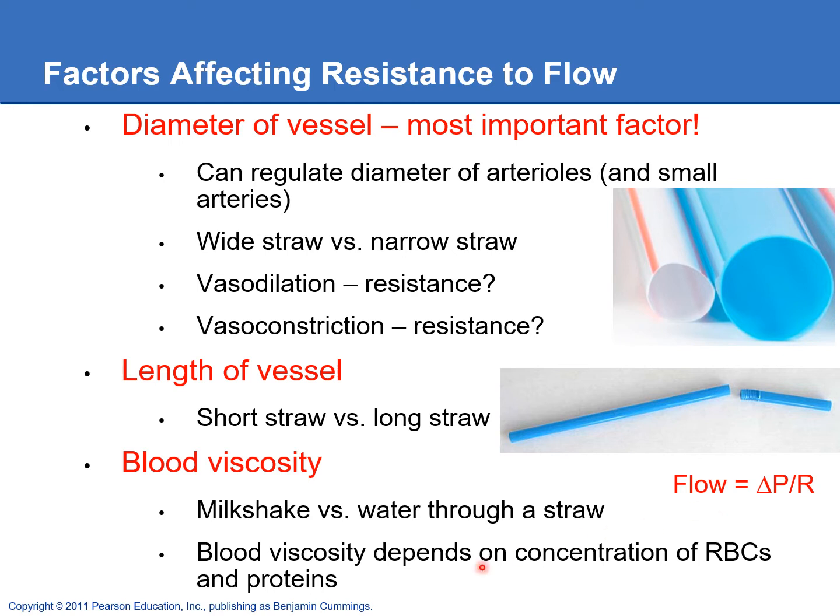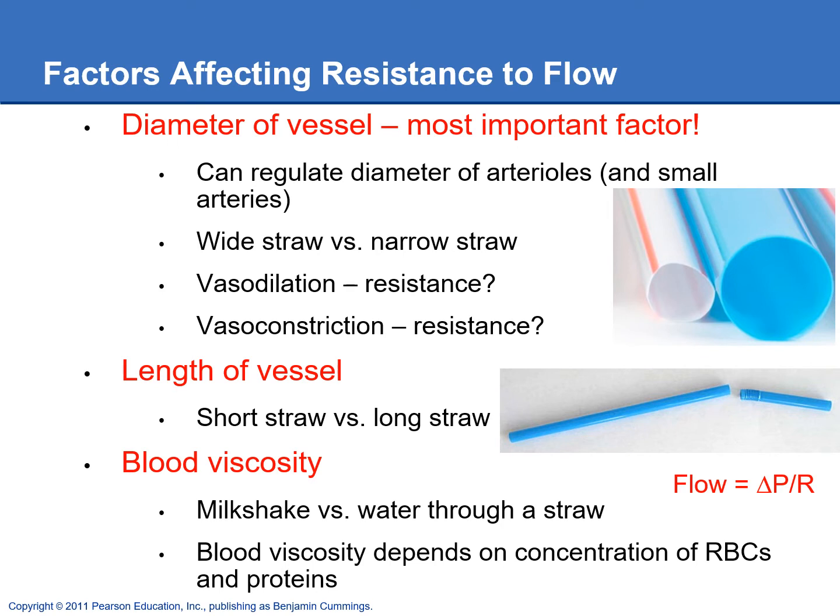And blood viscosity is dependent on the concentration of red blood cells and the proteins that are in the blood. So this we don't change very quickly or very often. But if you were living in Nepal at high altitude, for example, you would actually be making more red blood cells because the oxygen levels are lower.